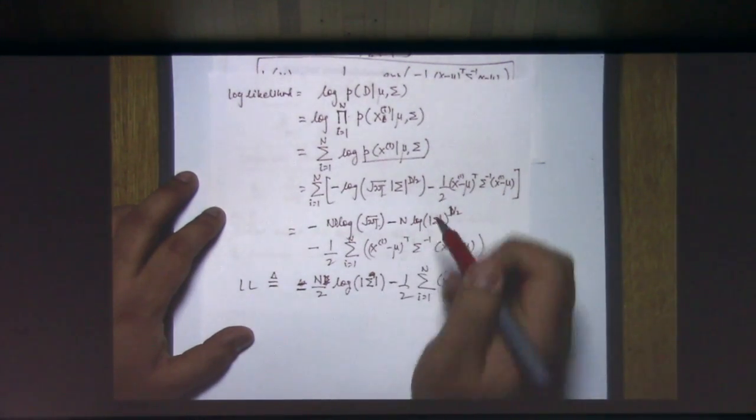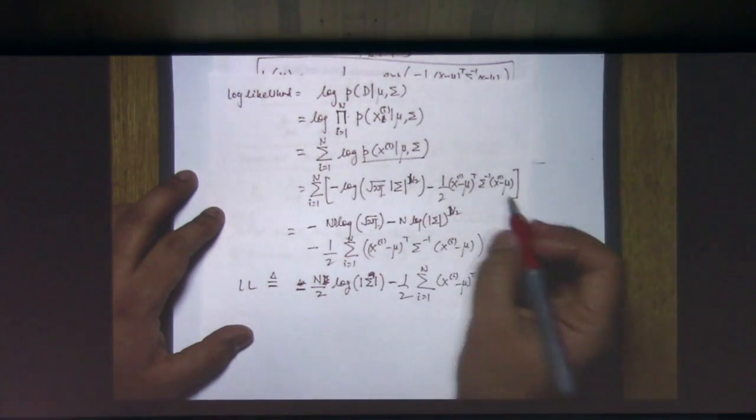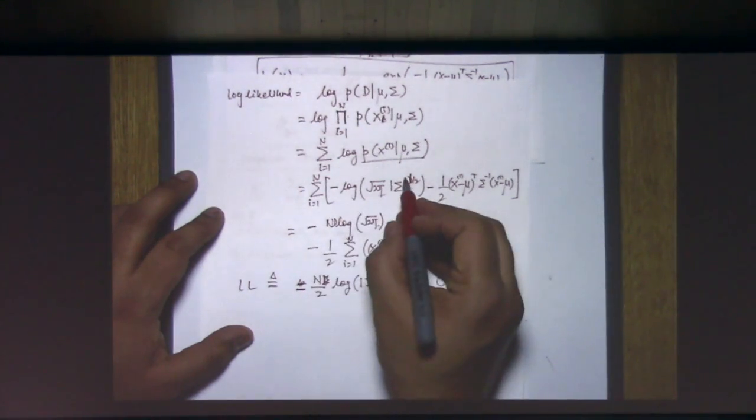There's a minus sign here, and there has to be a minus sign here.